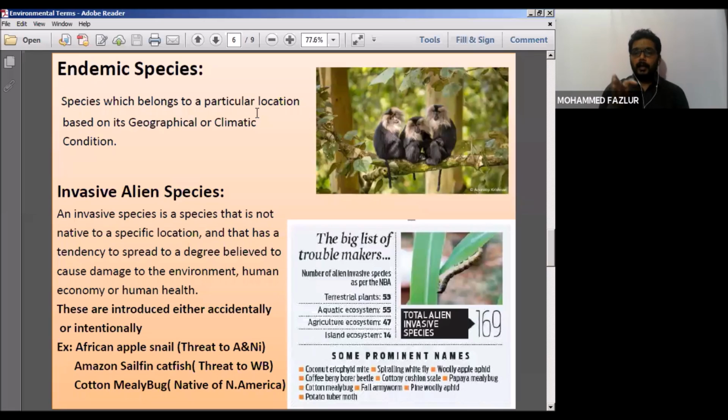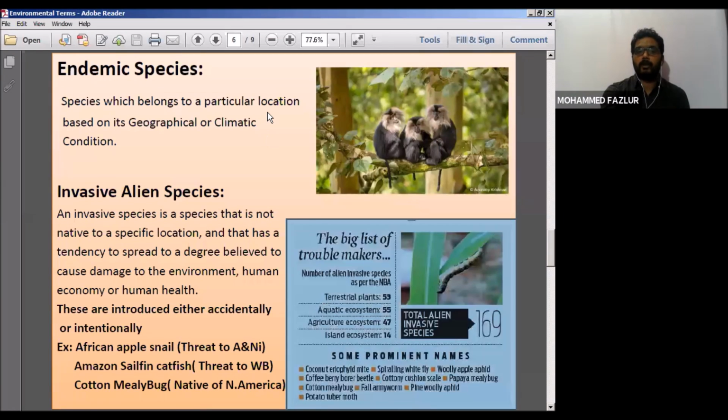Later, across the coastal line of India, there is a threat from this African apple snail. Look at the pictograph, the big list of troublemakers. I have directly picked it from one of the newspapers because India is facing some prominent species issues across this coast and specific locations.